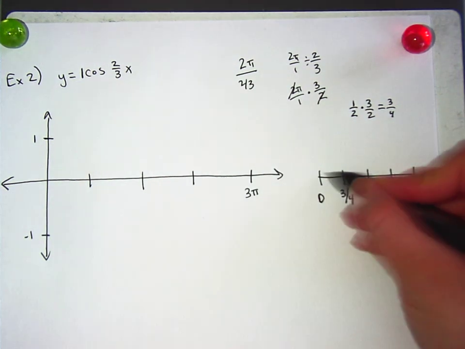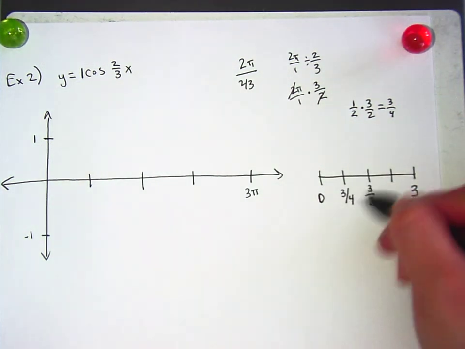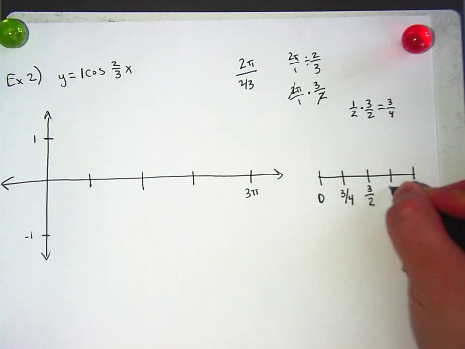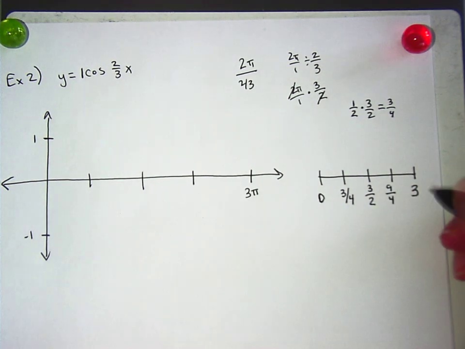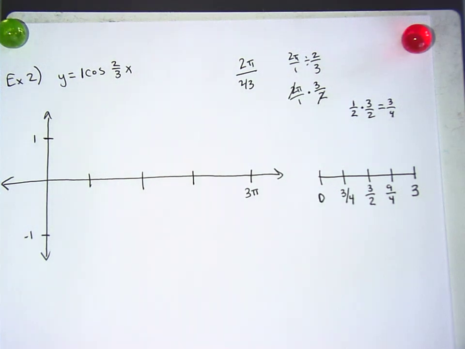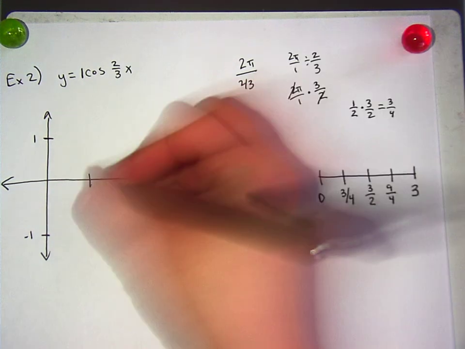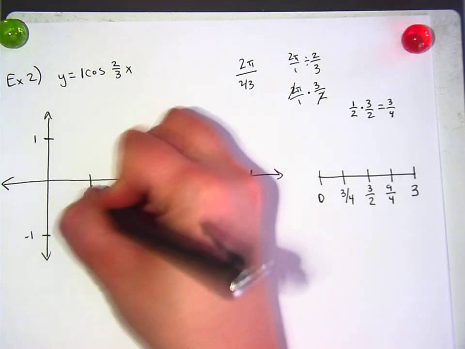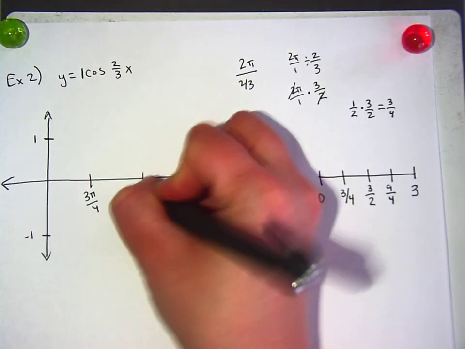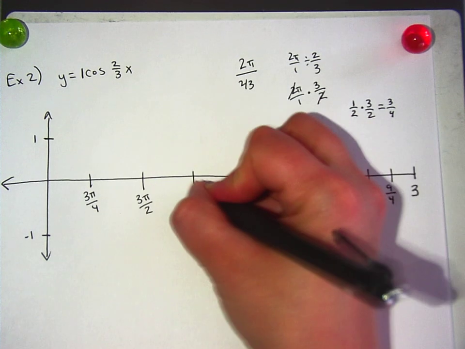It's whatever this distance is, you keep jumping. What comes after 9/4? 12/4, which is 3. Okay, so this one would be 3 pi over 4. This one's 3 pi over 2, and this one is 9 pi over 4.